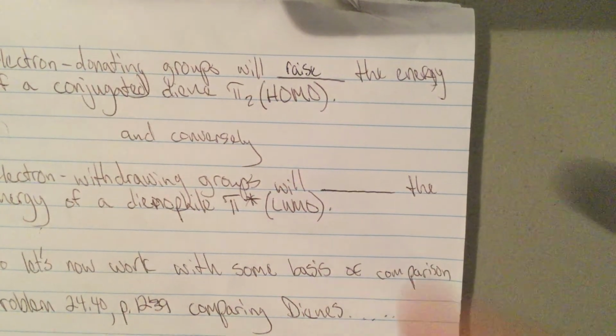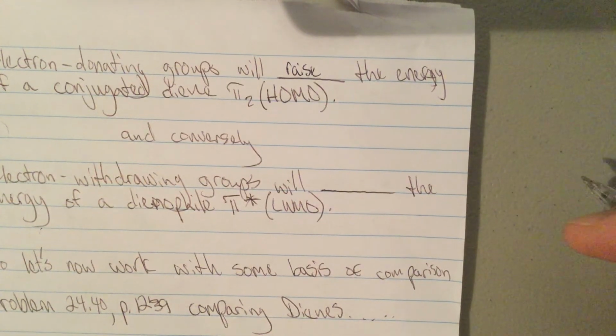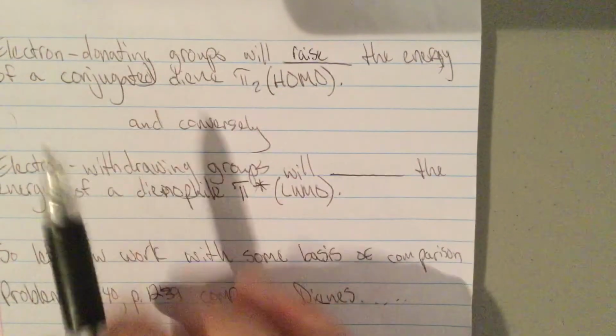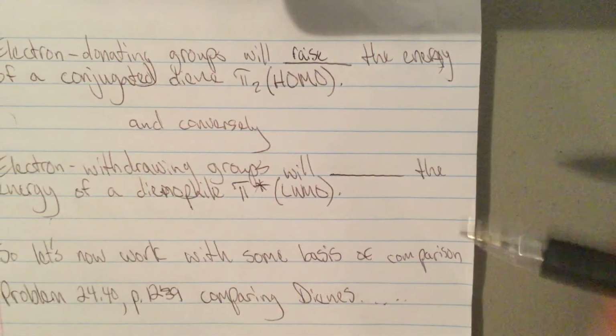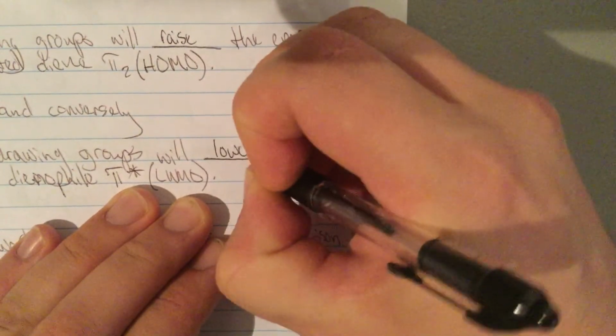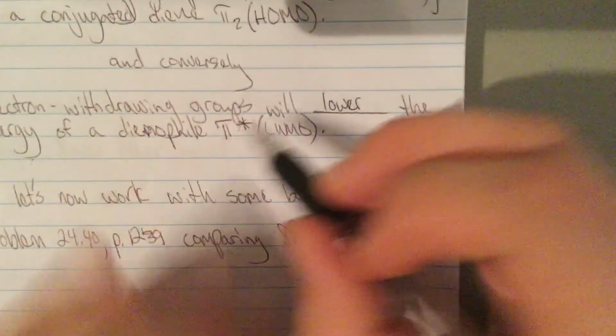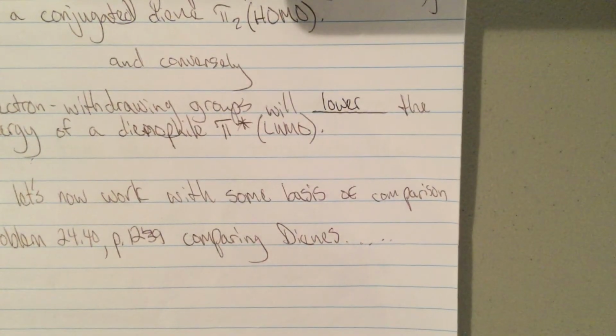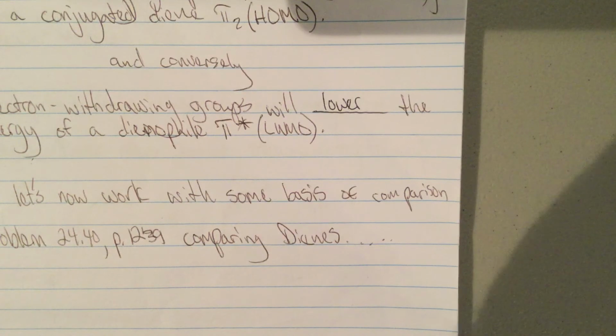Remember that the pi electrons are really what's at play here in terms of establishing bond formation. Okay. Now, conversely, electron withdrawing groups will lower the energy of a dienophile pi star, in other words, the lowest unoccupied molecular orbital.